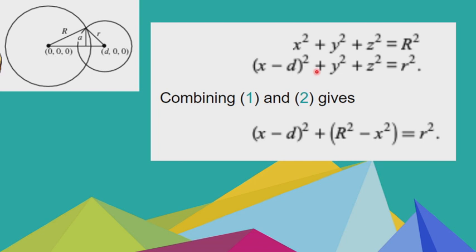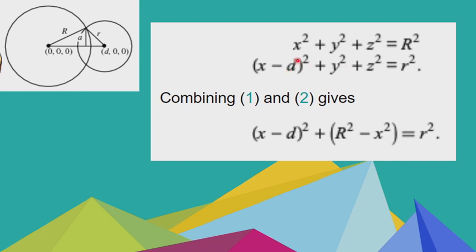You can watch here, x square plus y square plus z square equals capital R square. Capital R is the radius of the first sphere whose center is at the origin, and small r is the radius of the sphere whose center is d, 0, 0. So now we know the equations of the two spheres.